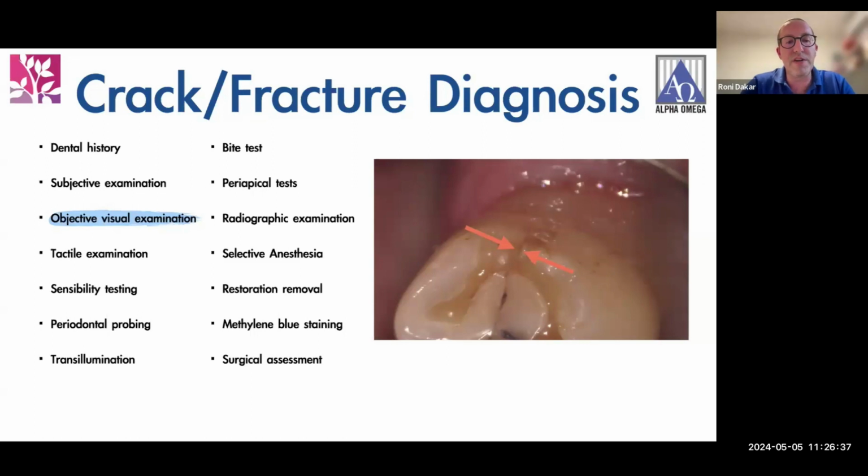And this is my first emphasis that I already mentioned, because a crack on the marginal ridge is a very common finding and does not mean that there is a crack underneath that extends into dentin, just like we saw with the histology of the Kray's lines. Therefore, a crack on the marginal ridge itself does not constitute an indication for any treatment.